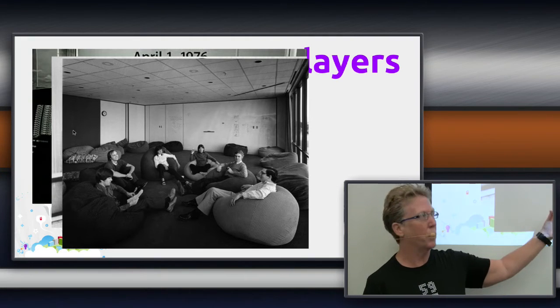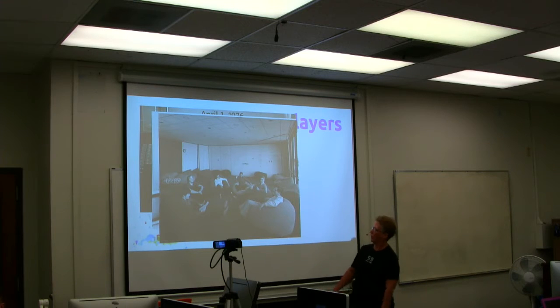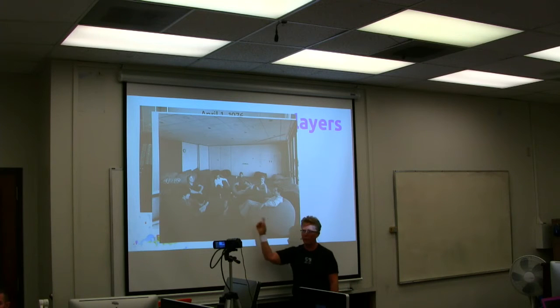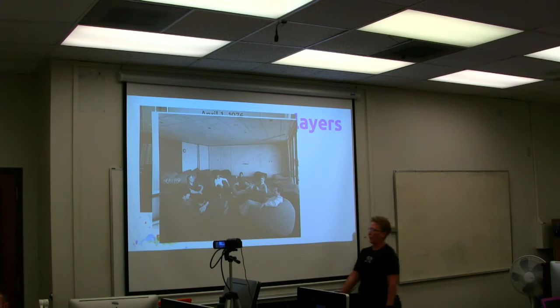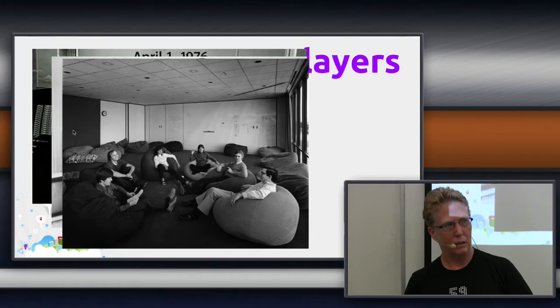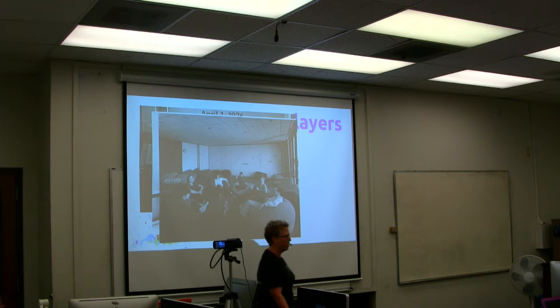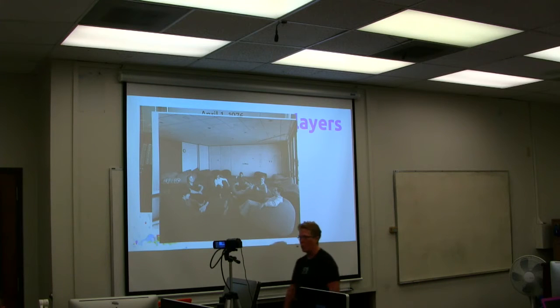The image here really depicts a bunch of people sitting around in beanbag chairs, but really Xerox took some of the smartest people in the country at the time, put them together, and they said, build something. So they did, okay? And that thing that they built was the graphical user interface. Now, why don't we all, instead of using Windows, use Xerox? Well, that's the story we're about to tell you, okay?